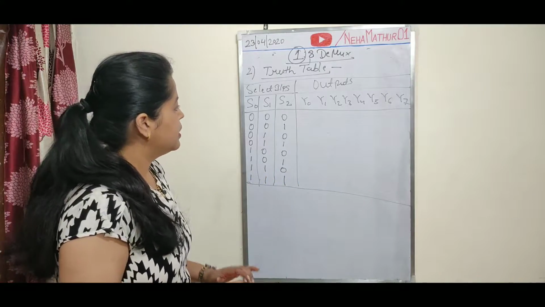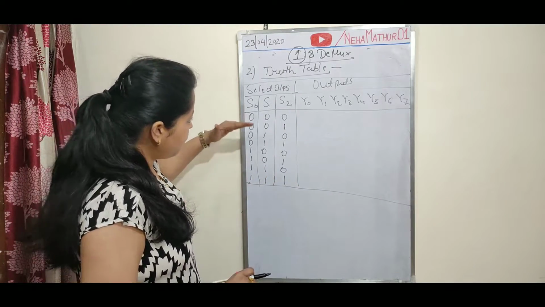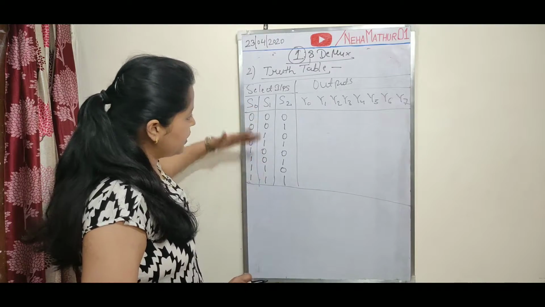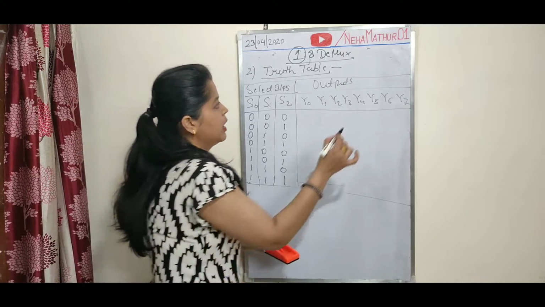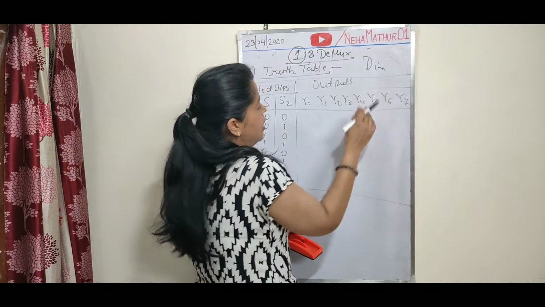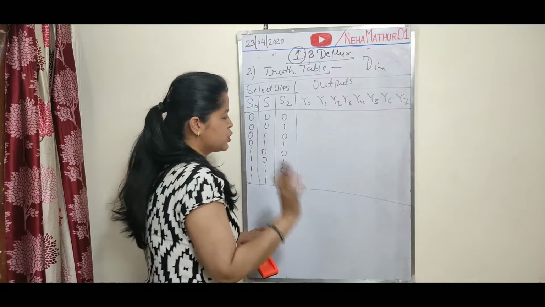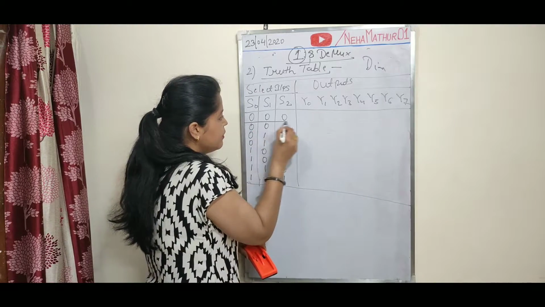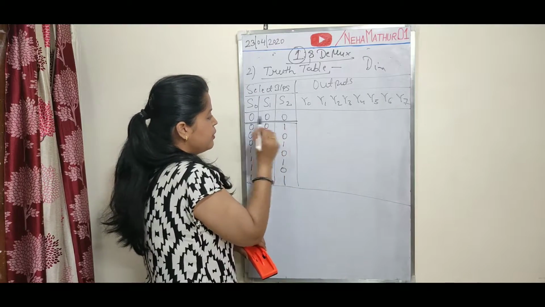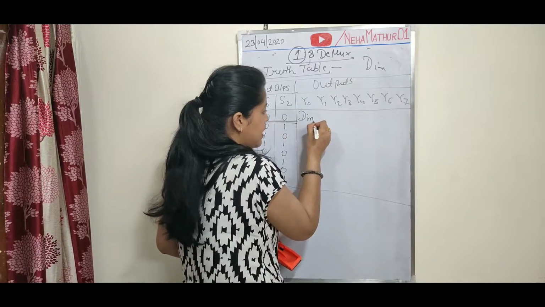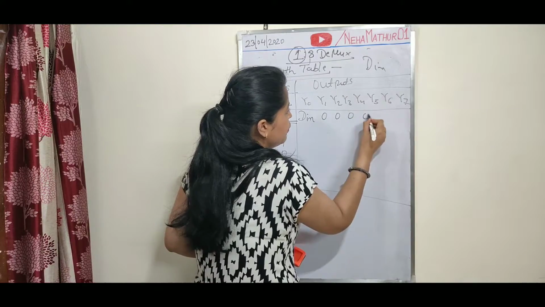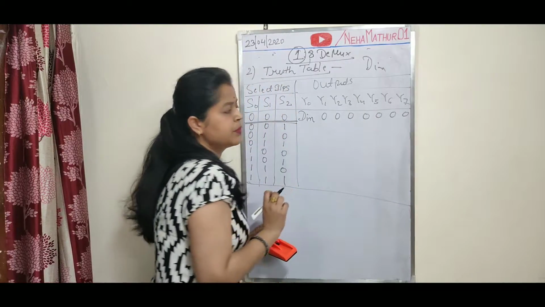Fine. Now, by following this sequence one by one, you are simply distributing your single input among these 8 outputs. I'm starting with the first combination, and for this first combination, D in is distributed across y0, while the remaining will be 0.